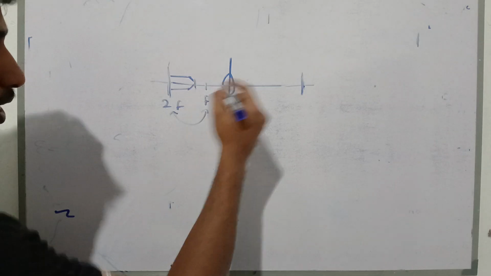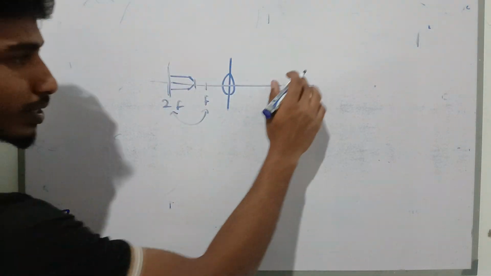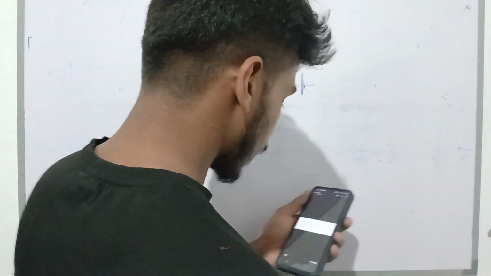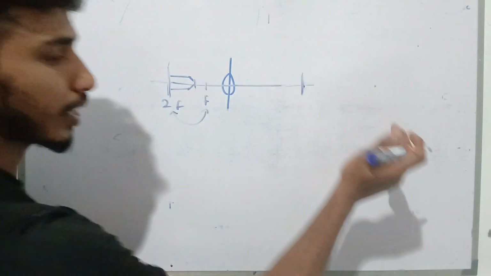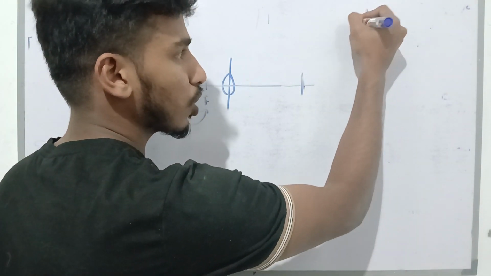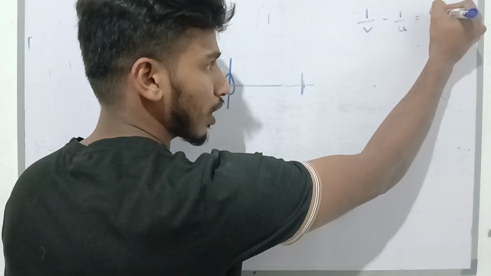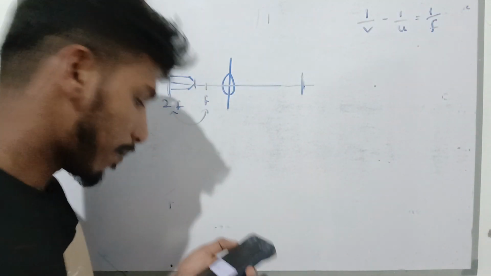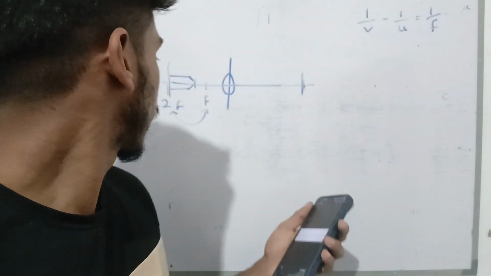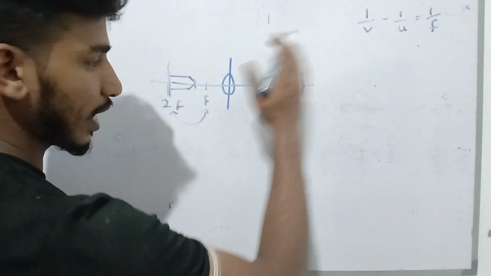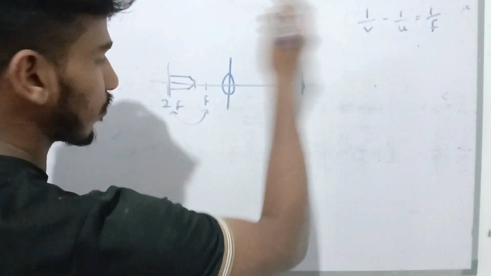So, you should understand the image will be anyway smaller, okay? I'll come to that again. Now we are having 1 over v minus 1 over u is equal to 1 over f. So if I apply the sign convention, v is anyways negative. A real image is being produced every time.